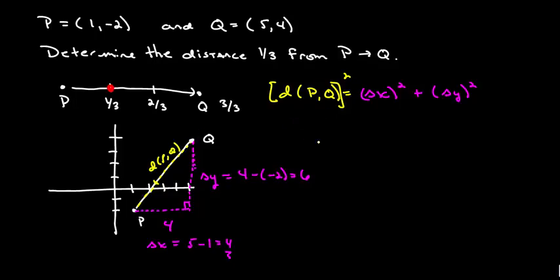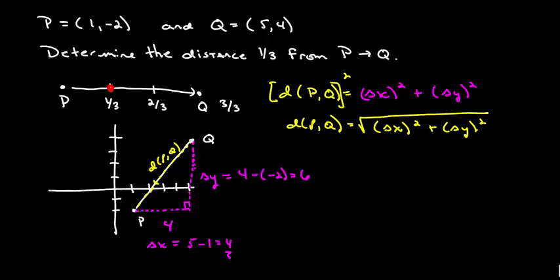So the distance formula, if we take the square root of both sides, is the square root of the change in the x squared plus the change in the y squared. Well, how do you get change in x and change in y? Well, we've already talked about that. Change in x is x2 minus x1, and change in y is y2 minus y1.